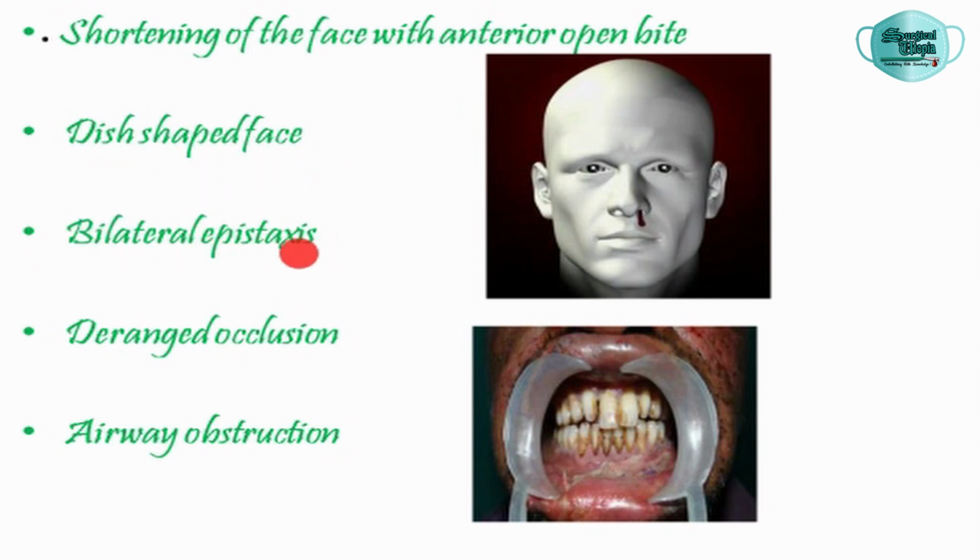The next feature is bilateral epistaxis. Occlusion is deranged, or there is disruption of the normal occlusion, and along with these features there may be airway obstruction because of the downward and posterior displacement of the fracture segment, which impinges on the dorsum of the tongue and thereby obstructs the airway.